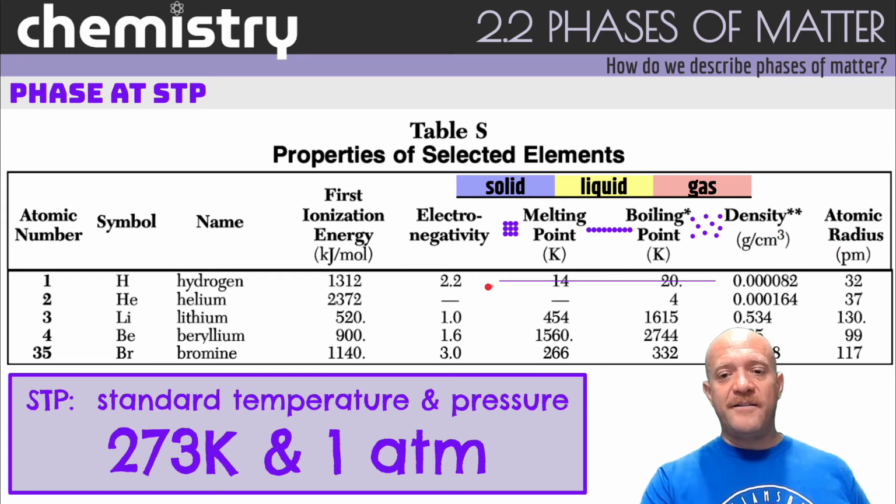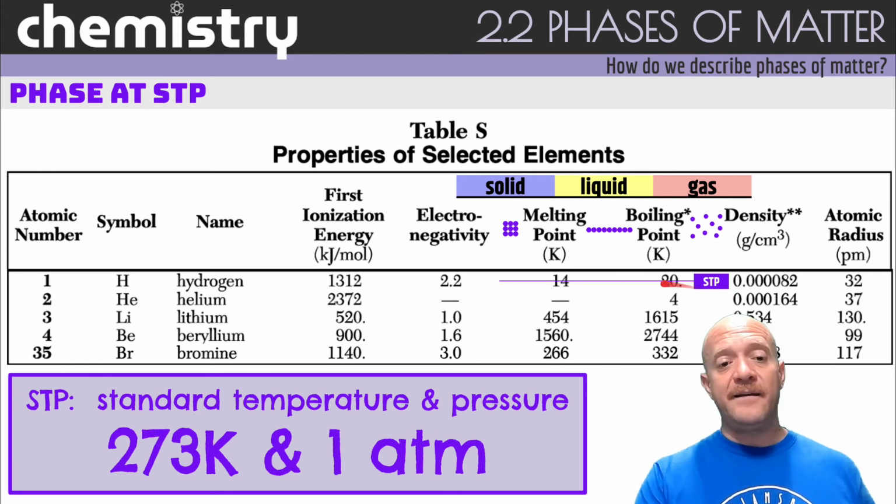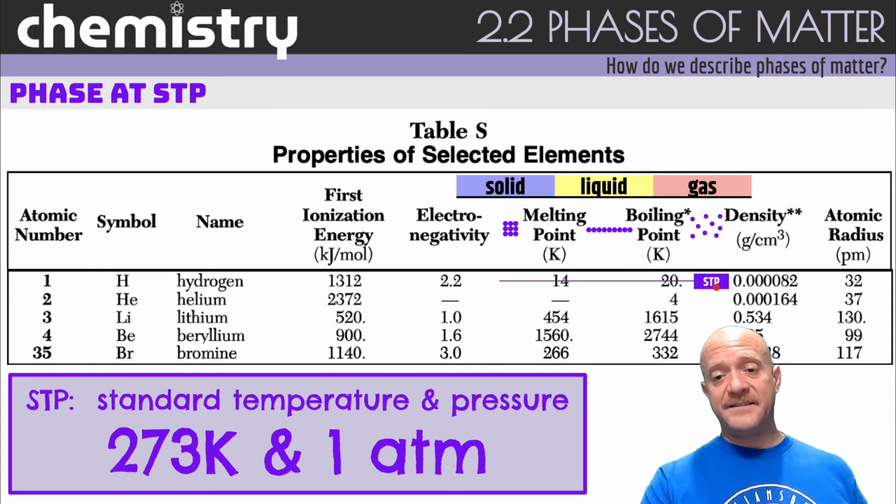Now, what I want to show you right now is at 273. If I draw a line right here, and I assume that this is a number line, at 273, that number is going to be way over here. So at 273, at STP, hydrogen would be a gas. Same thing for helium. 273 is much higher than 4.